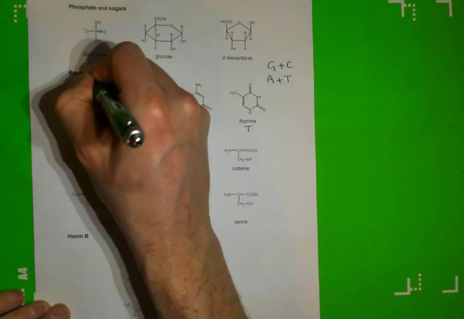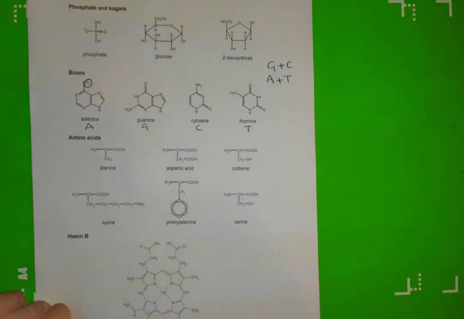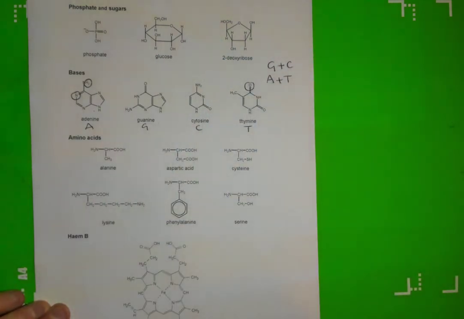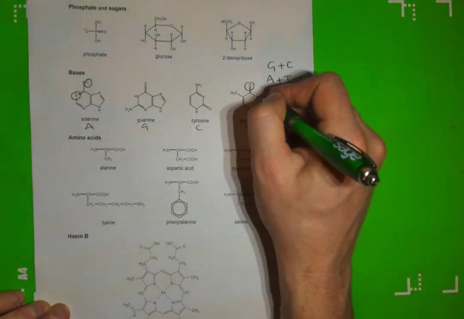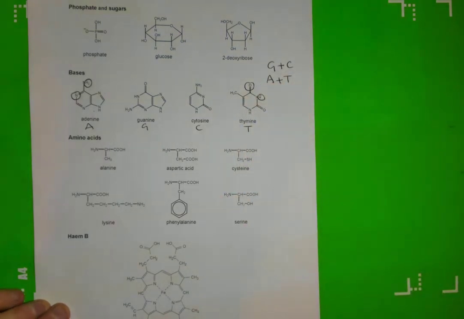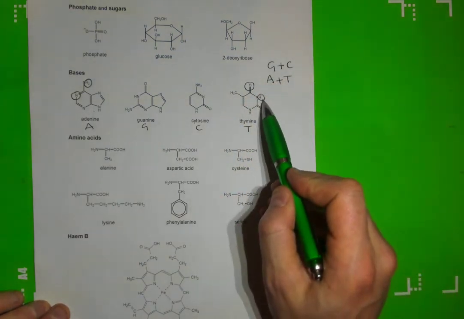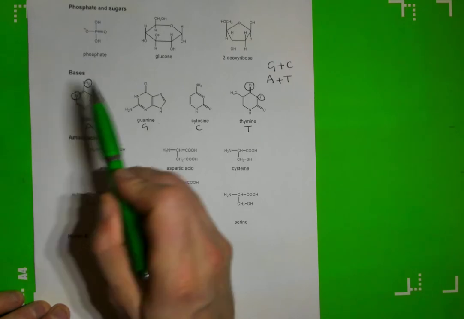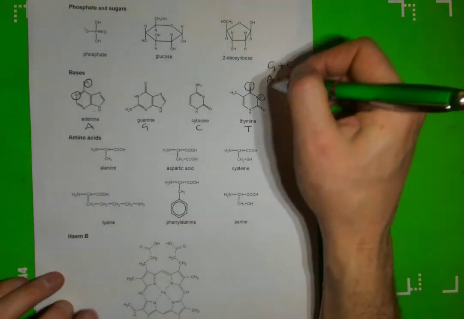So I'm going to circle an H on adenine and an N on adenine, and an O on thymine and an H on thymine. And what can happen is this H on thymine can hydrogen bond to that N on adenine.